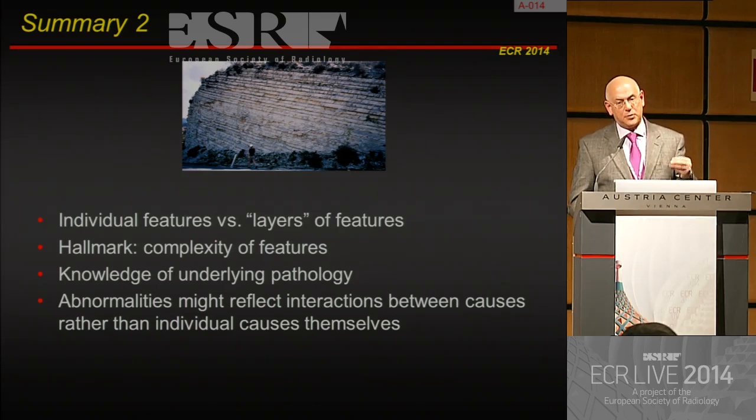I believe it is important to have some degree of knowledge of the underlying pathology, because as I showed you, this will help us to understand better what we see on our CT images. And then finally, it is important to consider that the abnormalities that we see on our CT scans might reflect interactions between causative factors of disease rather than individual causes of disease themselves.